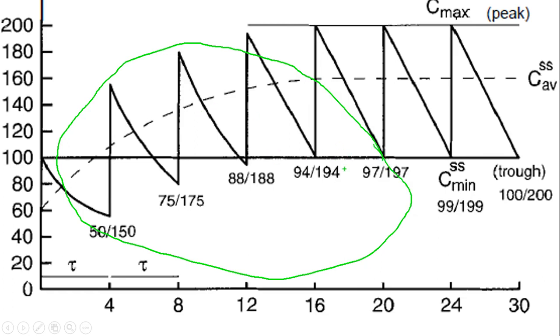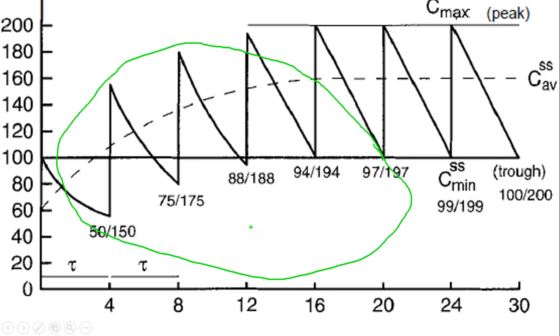By till here, you get input equal to output. So how can you make sure that the same steady state plasma concentration remains? How can you make sure?